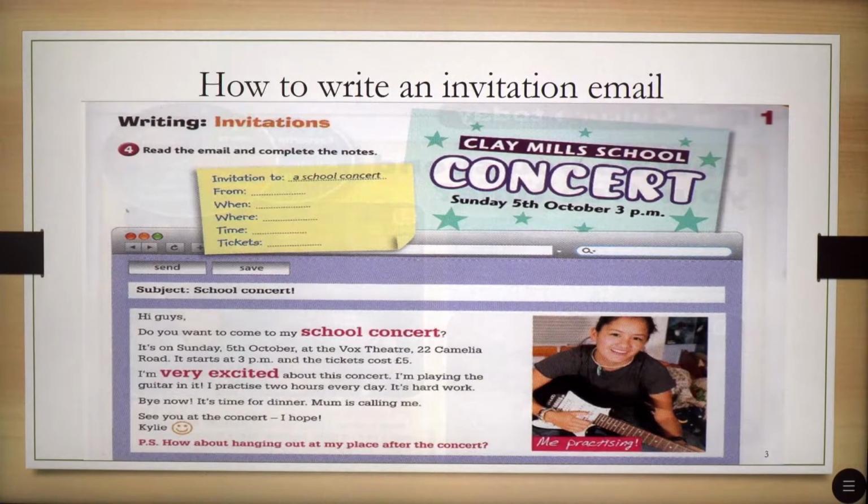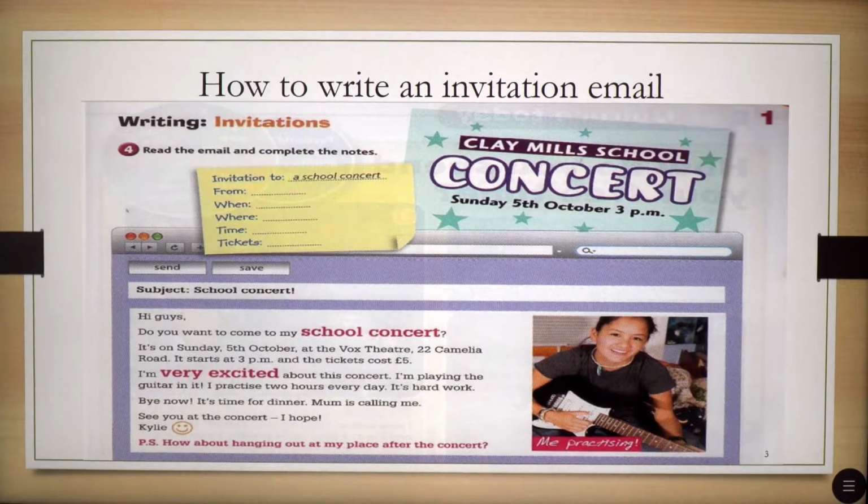Then you have to include the time, when, and the place, of course, where. Also the time when the concert or the event starts. And of course, you'll talk about tickets or other information that you want to give to the reader.